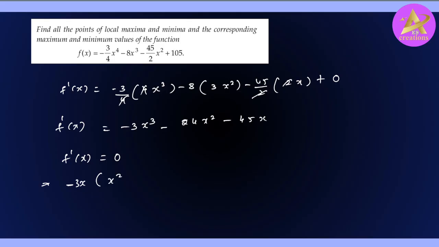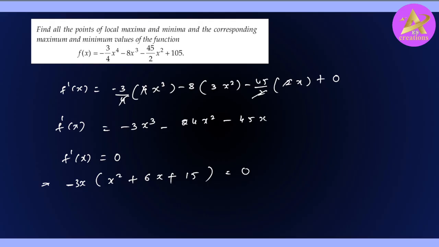We get x square plus 6x plus 15, right? Yes, this is equal to 0.